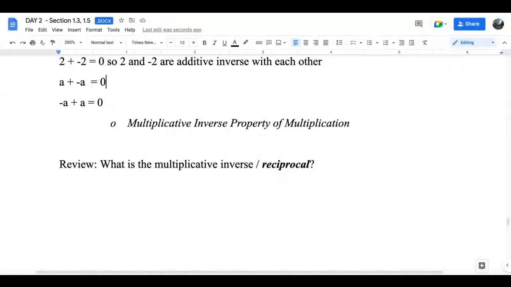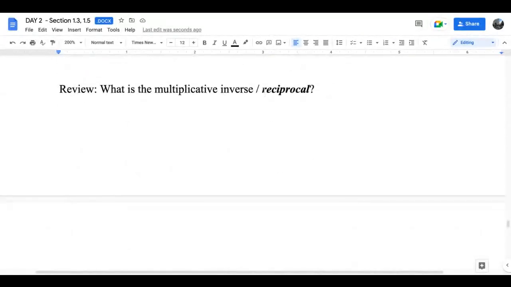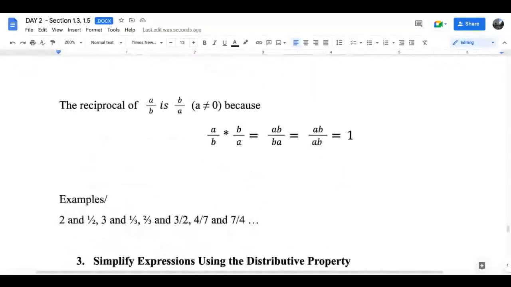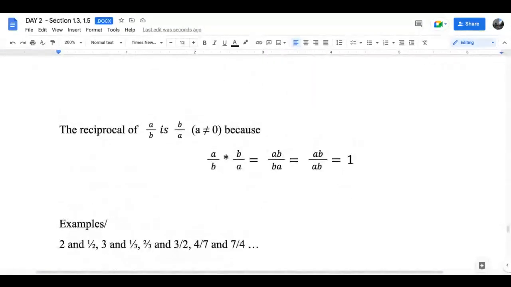Well, what about with multiplication? Multiplicative inverse, or we call it reciprocal. I have a problem pronouncing this one. Reciprocal. It's not Spanish. The reciprocal of A over B is B over A. Just flip the numerator and denominator, right?